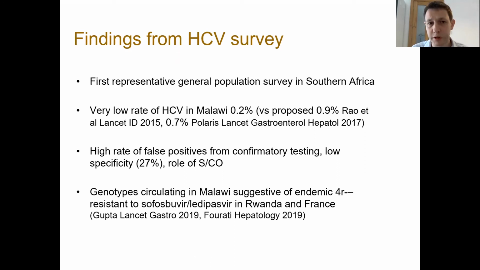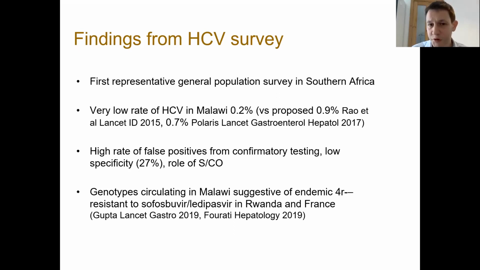So overall, to conclude, this was the first representative general population survey that we were able to identify in the published literature in Southern Africa. There was a very low rate of HCV in terms of confirmed viremic infections at 0.2%, and that compares to slightly higher estimates from modeling data based on predominantly surrogate samples of around 1%.